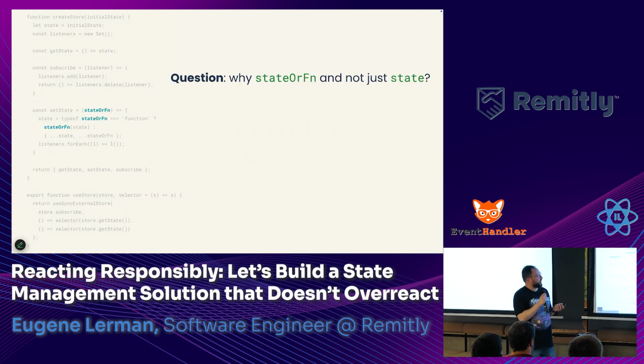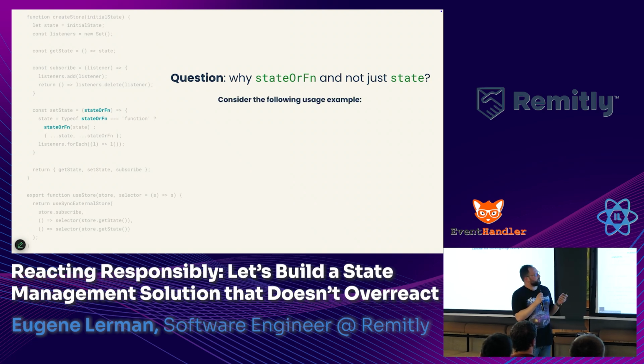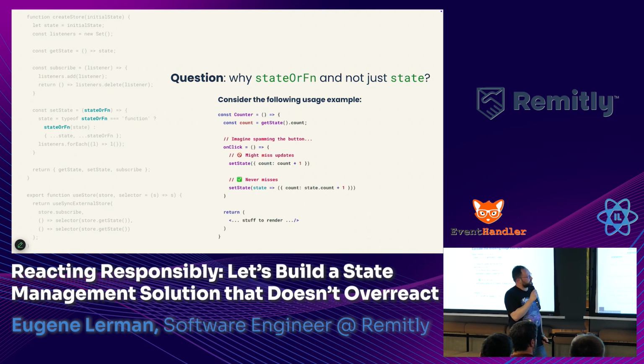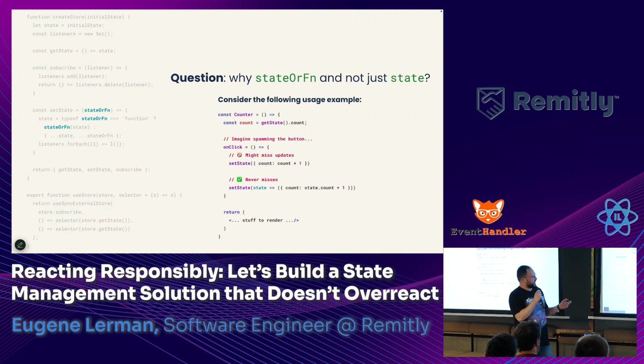Okay. Another question. Why state or function? Why not just state? Anyone? Don't be shy. It's okay. Consider the following example. So we have a counter component, and let's imagine that we're an angry customer and we click on this button a lot.